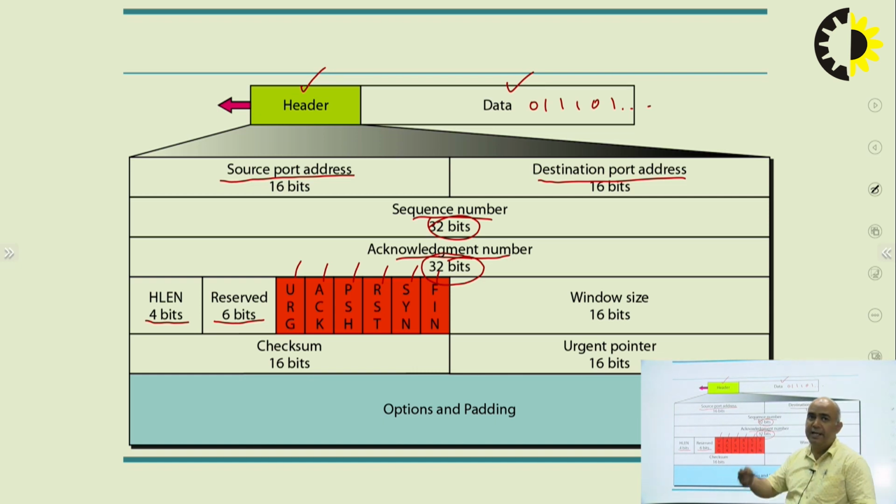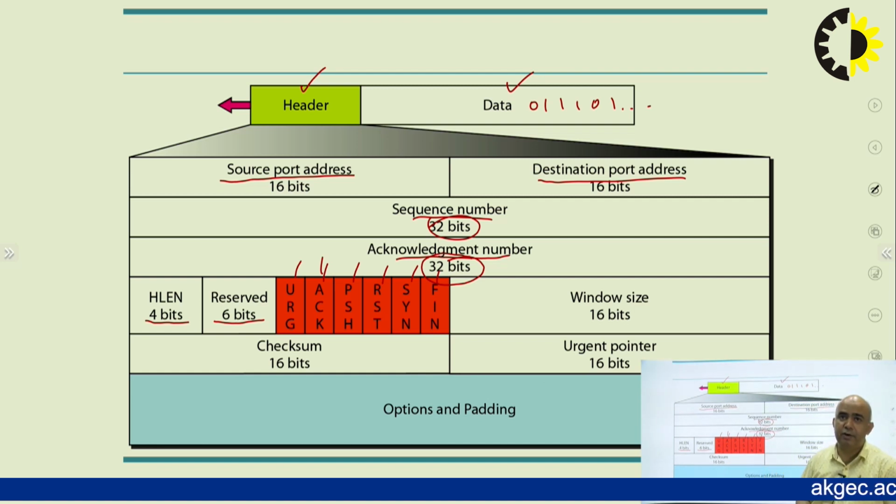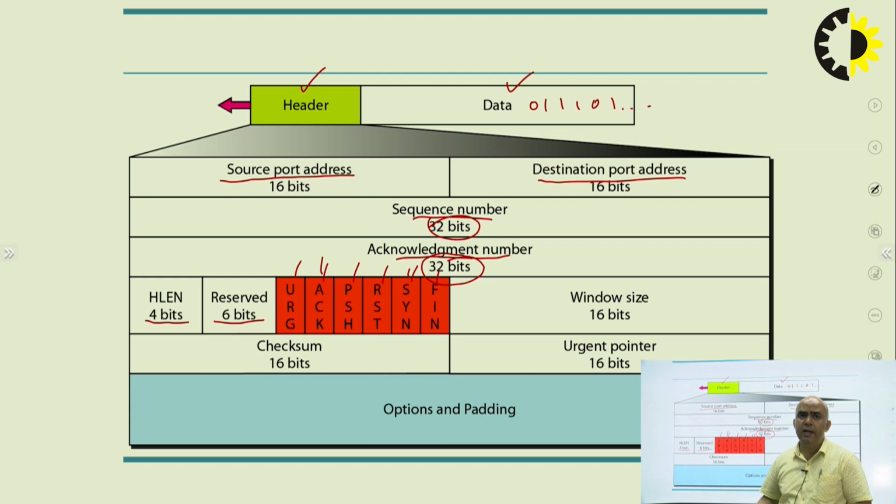If we are sending an acknowledgement, then that bit will be 1 and the rest will be 0. If there is a need for synchronization of the data, the sync bit will be set, or you can say the flag will be up. Depending on the situation at that instance, these flags will be on or off, meaning 1 or 0.